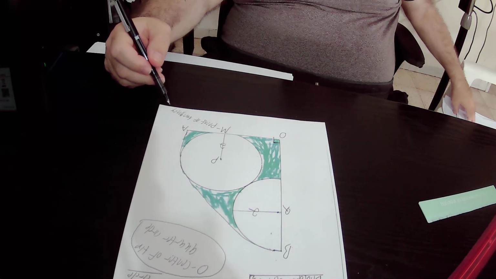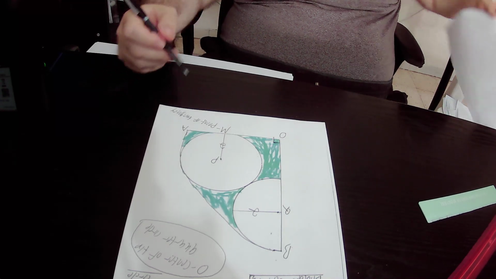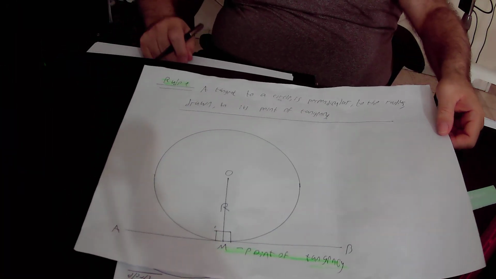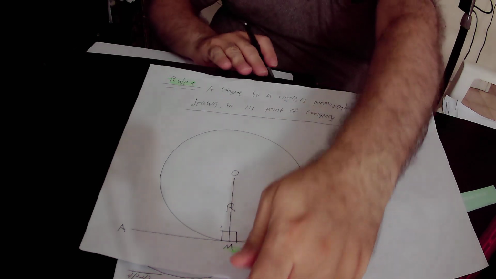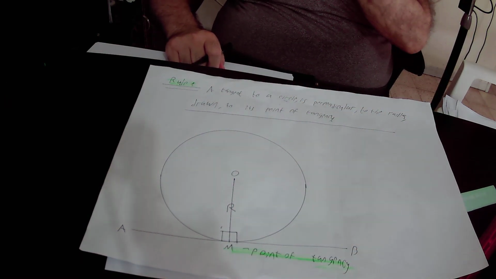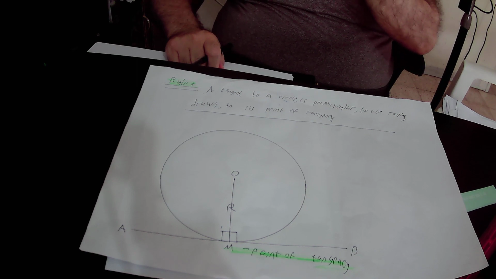And we also have rule number 1. According to rule number 1, a tangent to a circle is perpendicular to the radius drawn to its point of tangency.